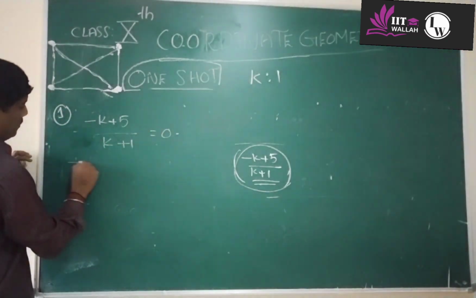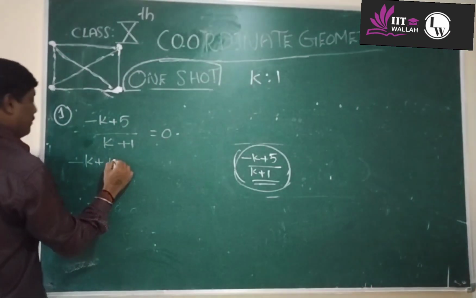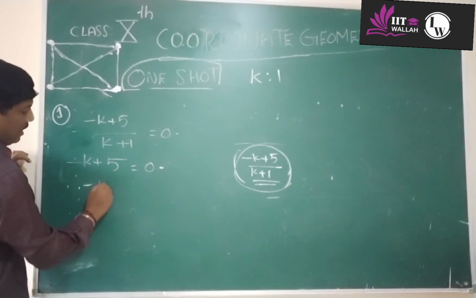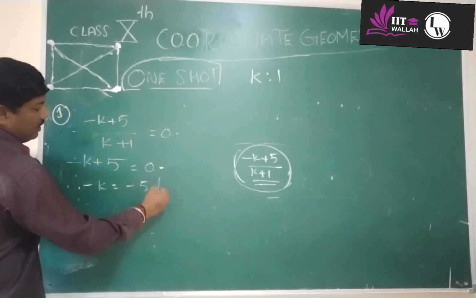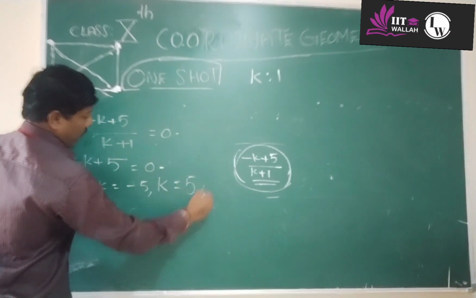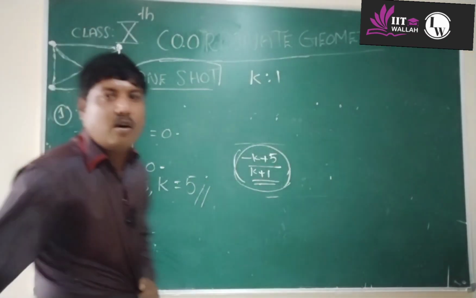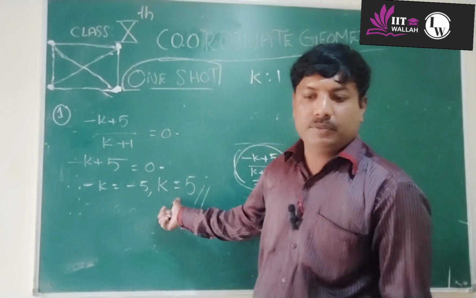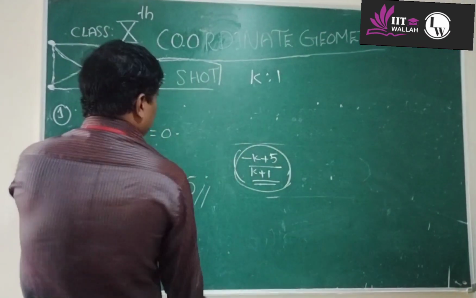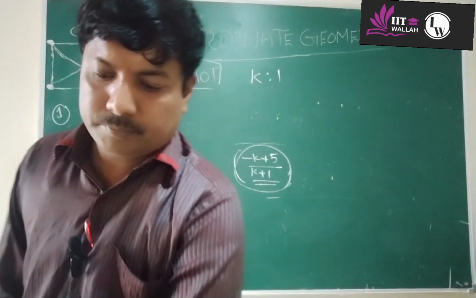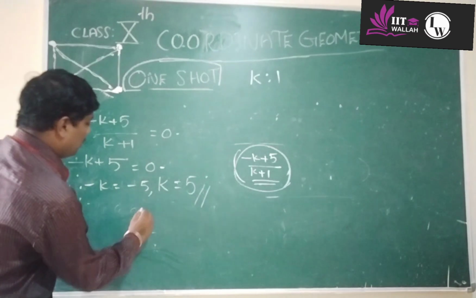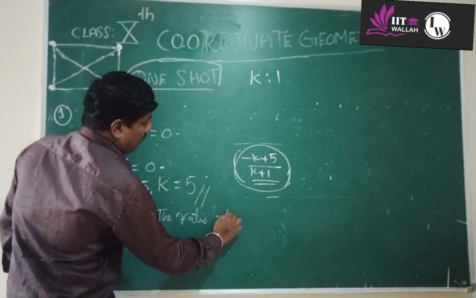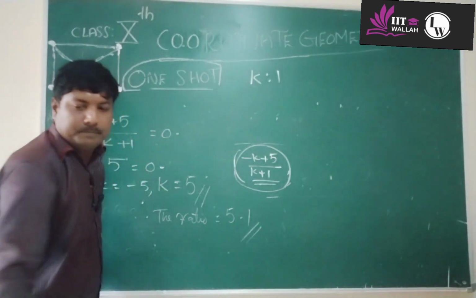That means minus k plus 5 is equal to 0. Therefore, minus k is equal to minus 5, so k is equal to 5. This is the value of k. So our required ratio is 5 is to 1.